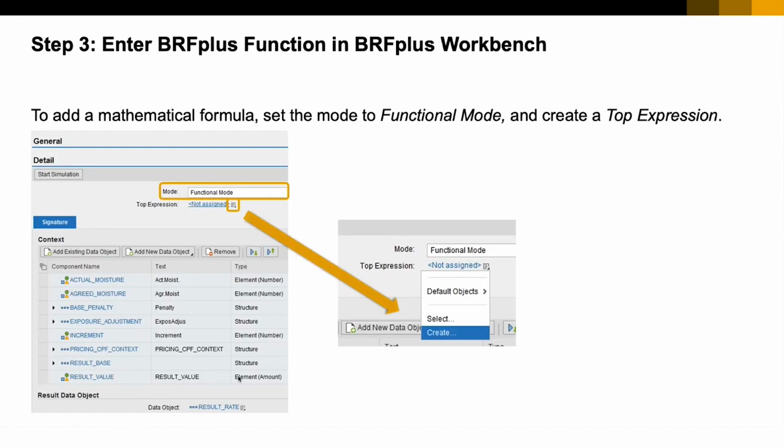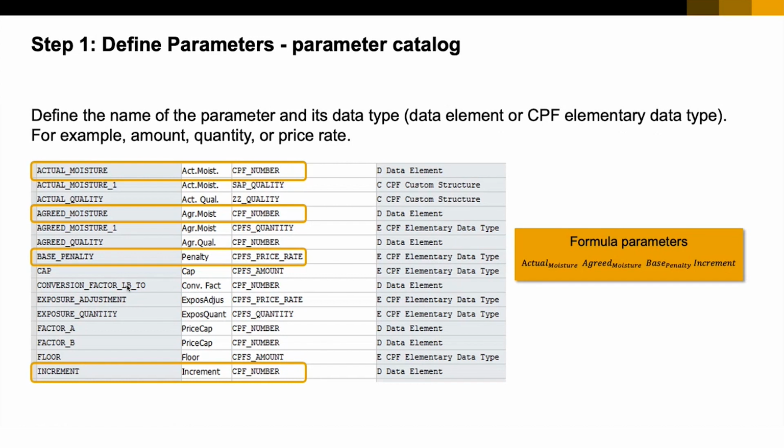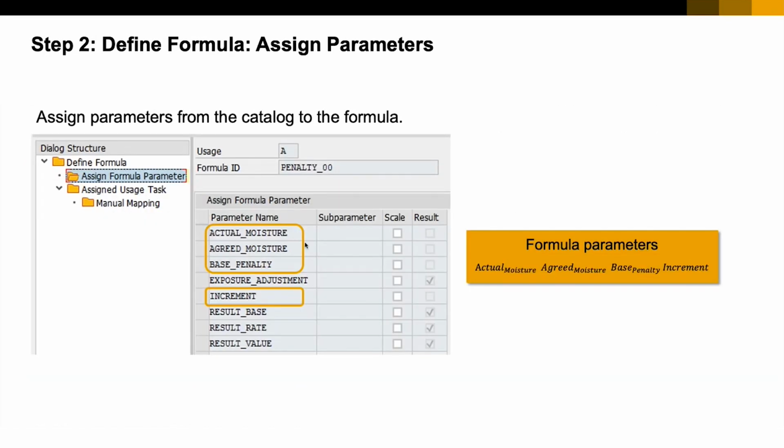If you go through this route, it will directly take you to the BRF Plus function. You don't need to navigate to anything. It will just take you to the screen directly. But if you go via the BRF Plus Workbench without going from here, then you will have to navigate and drill down inside the BRF Plus formula yourself. On this screen, what you are seeing are the same parameters which you assign to your formula.